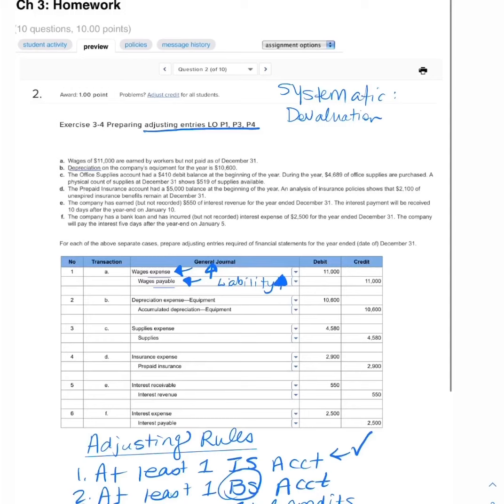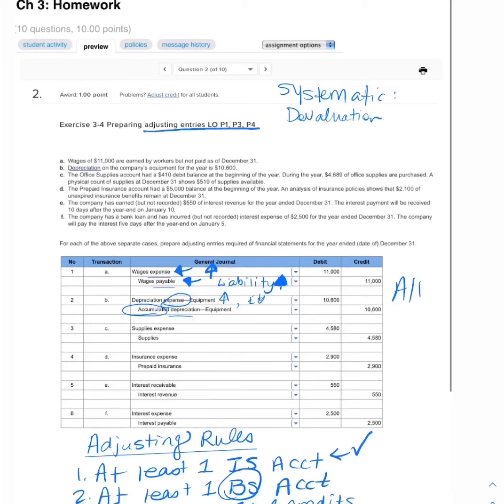So what we want to see here is that this depreciation expense is our income statement account, because it is in fact an expense that is going up, which will reduce equity. We then want to make sure that we understand the other side of this, which is our balance sheet account. That is accumulated depreciation. And in this case, this is our first contra account.